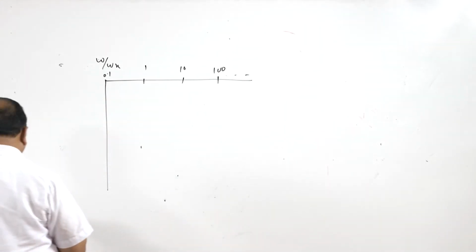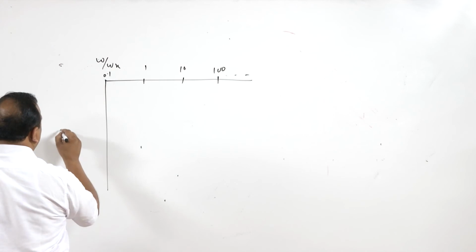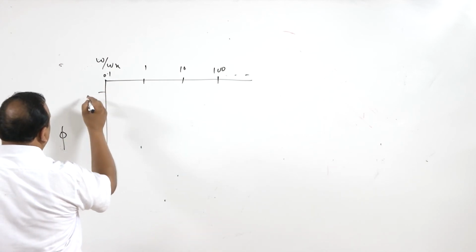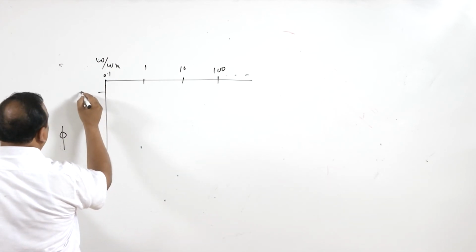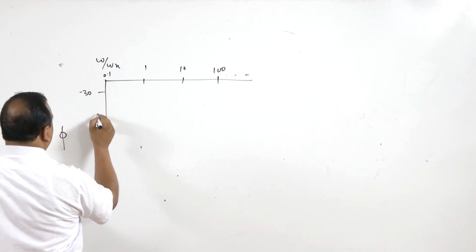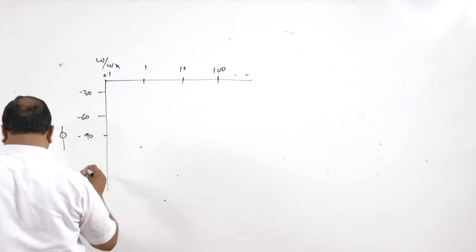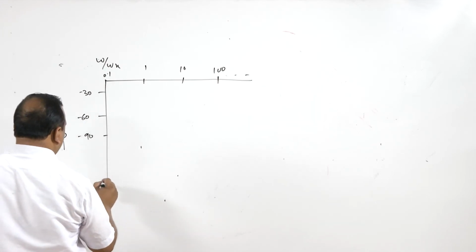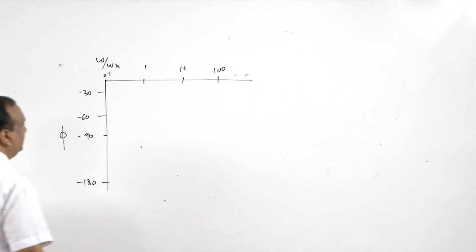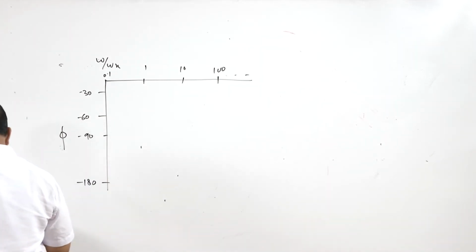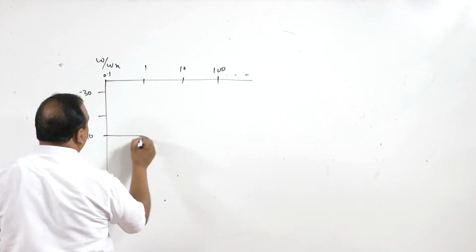And on the y-axis there is a phase lag, the phase angle minus 30, minus 60, minus 90, and it will go up to minus 180. For us, minus 90 is critical, at omega by omega n equal to 1.